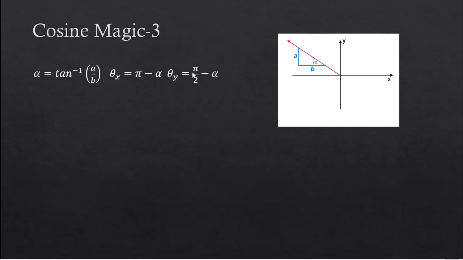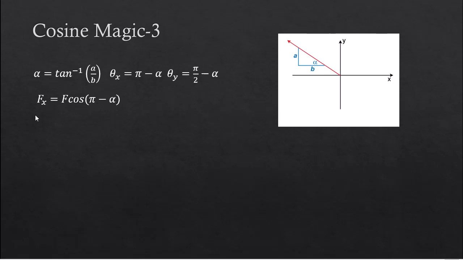Alpha is tan inverse A over B. The counterclockwise angle between the vector and the positive x-axis is pi minus alpha, and the angle between the vector and the positive y-axis is pi by 2 minus alpha.